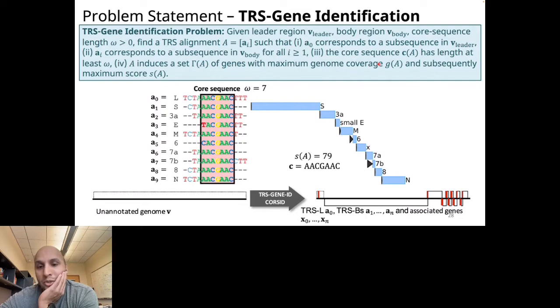Genome coverage corresponds to the length of each gene, so we want to maximize the total length of our genes. If there are any ties, we use the score of the alignment to break ties. That's how we infuse the signal from finding transcription regulatory sequences into finding genes. So that's the problem we want to solve.